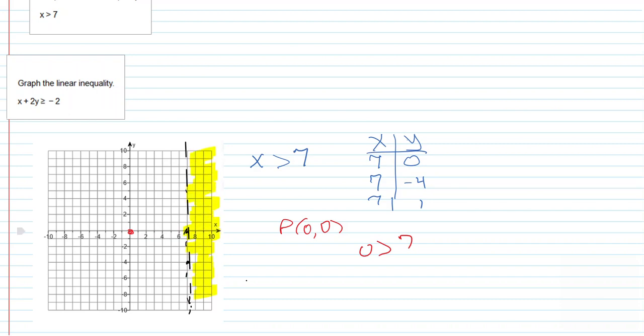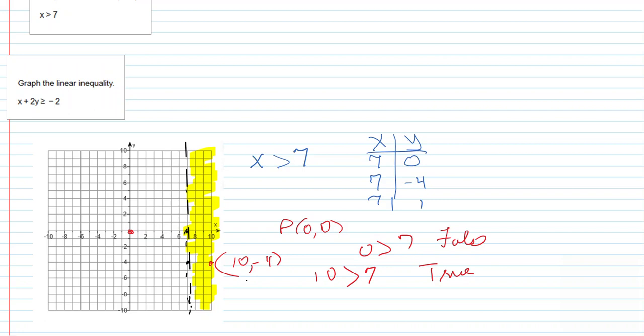This was false. Well, let's try one over here. How about this one here? This one is 10 and -4. All right, so 10 is greater than 7, and that is true.